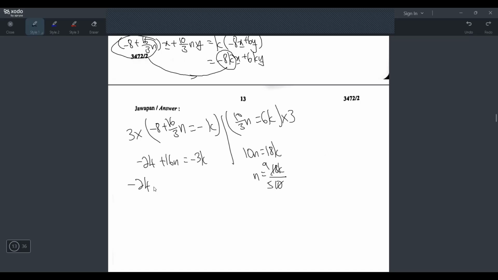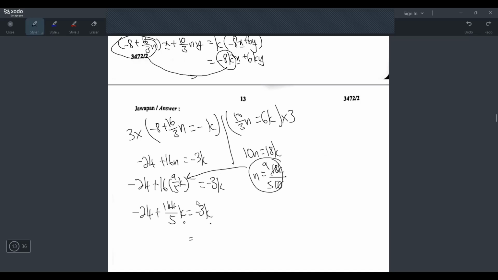And then I will substitute inside here, negative 24 plus 16n equals negative 3k. This n I will substitute with 9 over 5k, because n is 9 over 5k. And then now it becomes negative 24 plus 16 times 9 over 5, which is 144 over 5k, and then don't forget equals negative 3k.